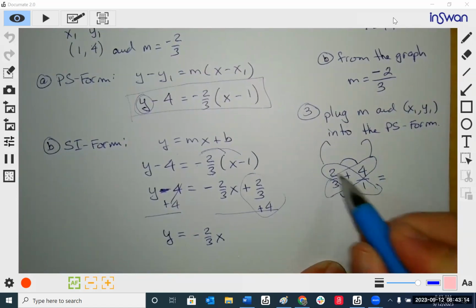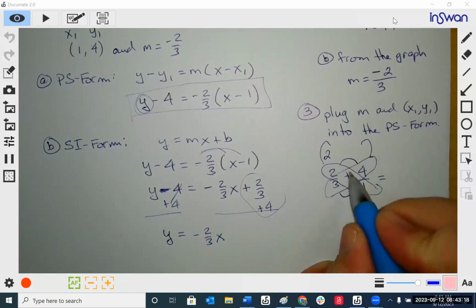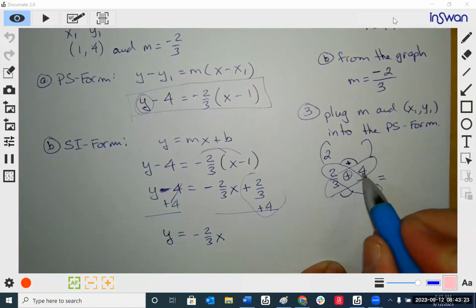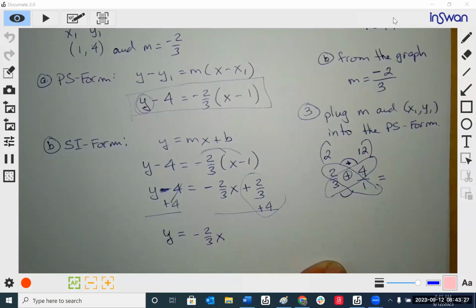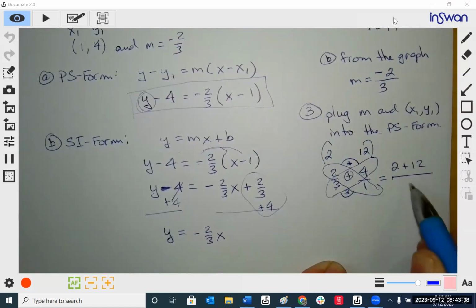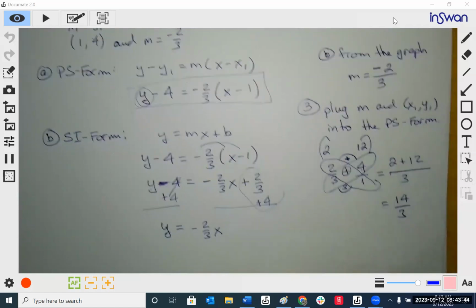Multiply these two. So 2 times 1 is 2. It's a plus sign. 3 times 4 is 12. And on the bottom, 3 times 1 is 3. So on top, we have 2 plus 12 over 3. So it's 14 over 3.